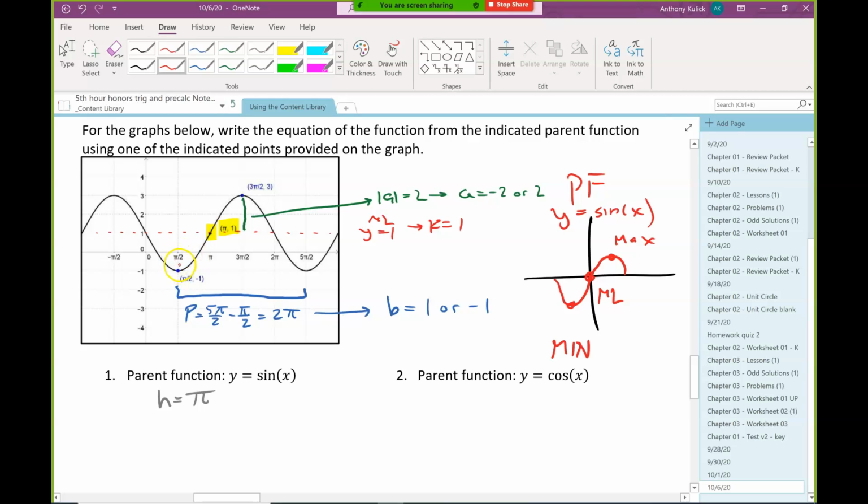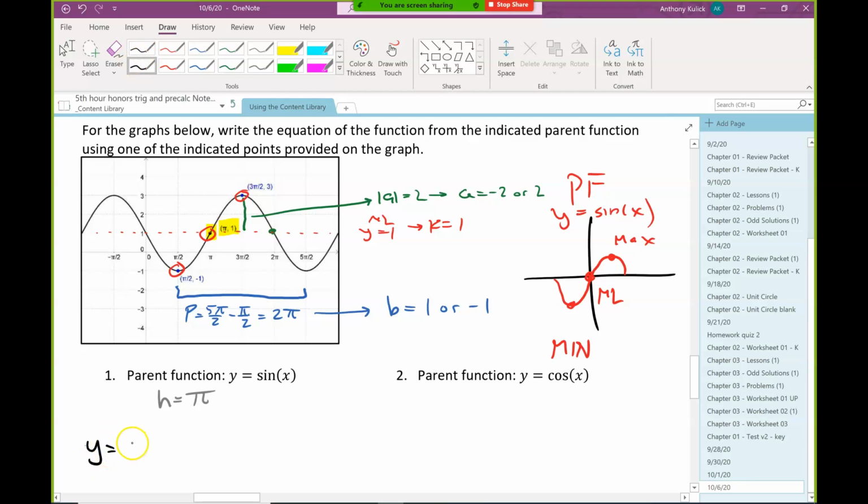Here, in our transformed function, we go from minimum to midline point to maximum. So there is no reflection going on. It's still the same order. Do you see that? Had we instead chosen this to use as our midline point, there the A would have needed to be negative, or the B would have needed to be negative. One of the two needed to be negative, but not both. Is that okay? Okay. So that's all we need then.